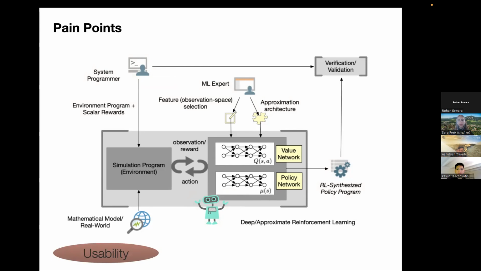So let's understand why reinforcement learning, in the way that we have discussed, is difficult to use, right? I'm sure that you could guess some of the things already. Reinforcement learning is difficult to use because your programmer is supposed to express their intent in terms of scalar reward signals, right? We humans don't think in terms of scalar rewards. We think in terms of high-level languages, natural languages, programming languages, but reward is the last thing that we would naturally start thinking in.